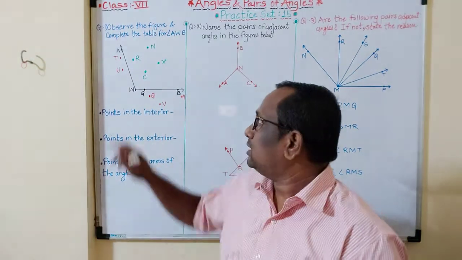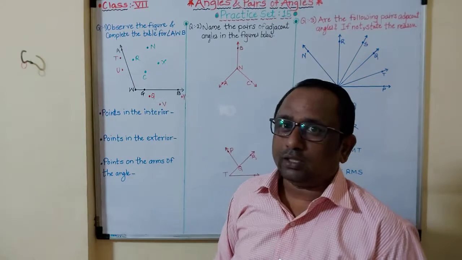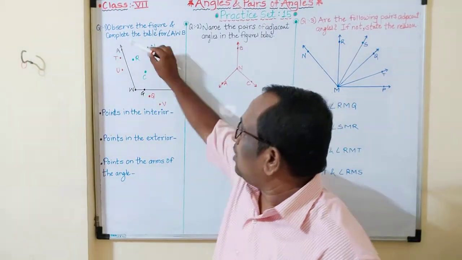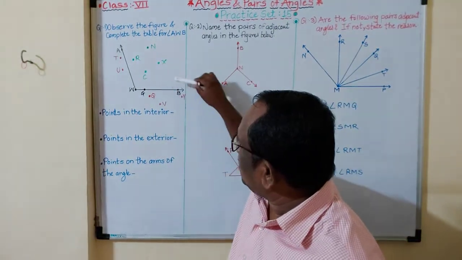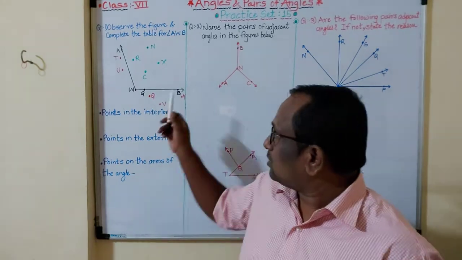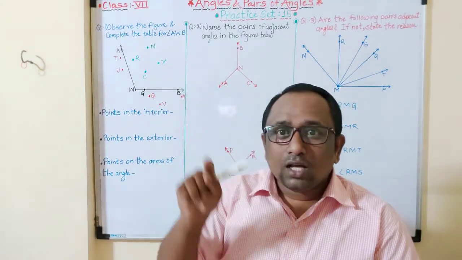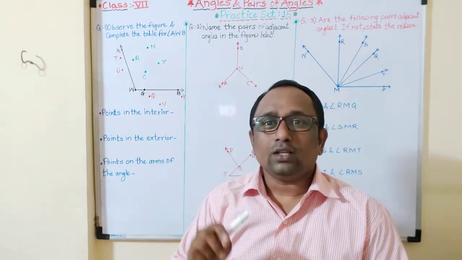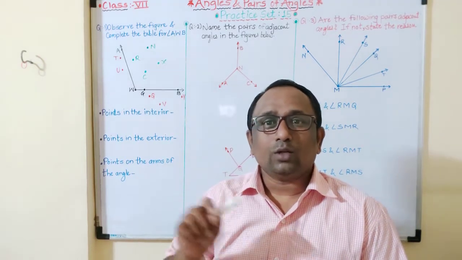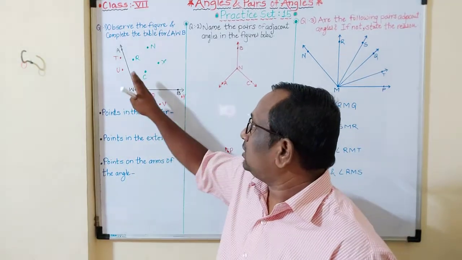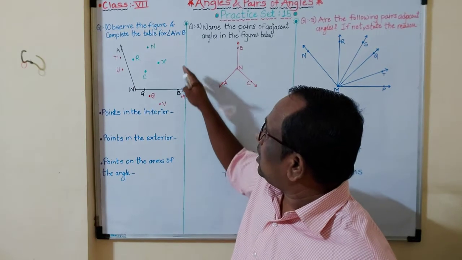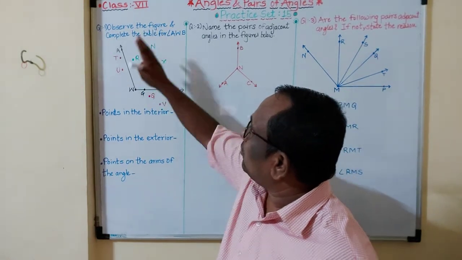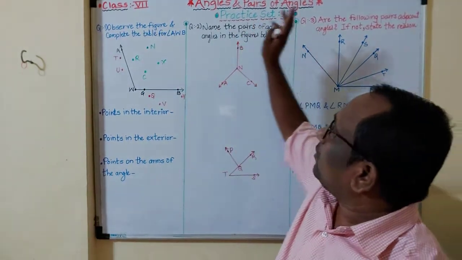So these are called exterior points. And points A, W, and B are on the arms of the angle. So these are the answers of the first question in practice set number 15.